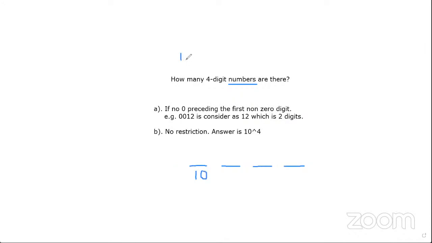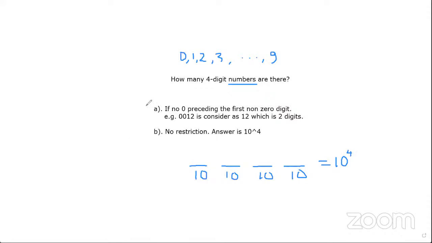Because the digit is from 0, 1, 2, 3, and so on until 9. So there are 10 of them from 0 to 9. So here also 10, here also 10, and so they are 10 to the power 4.